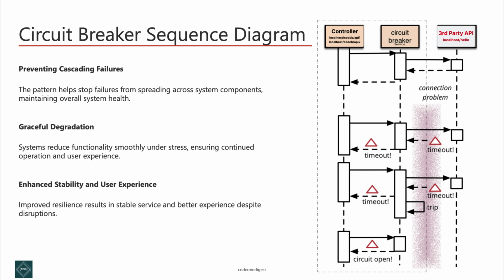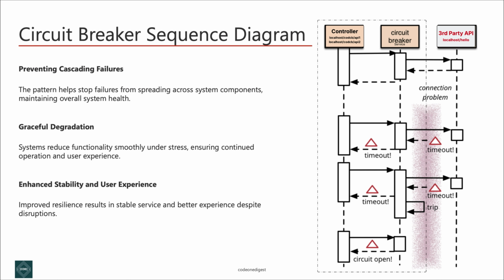Right, friends? You understood the working of circuit breaker pattern, and now we are going to implement the same. If you see in this diagram, this dotted box is our main application, which is calling a third-party API, and my application is running a controller. This controller is supposed to call the third-party API, that is localhost hello, to get data. Whenever circuit breaker service detects that the third-party API is not responding, it opens the circuit and starts responding to the controller with a fallback message.